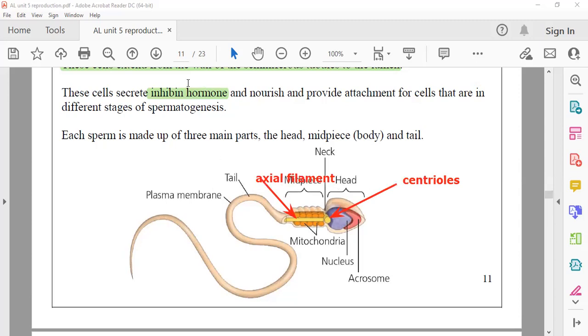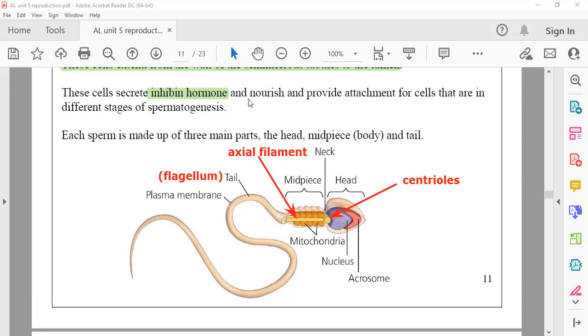It is passing through the tail. This tail is basically a flagellum. Flagellum means 9+2 arrangement, correct? Understood?